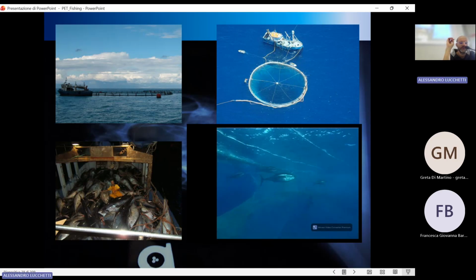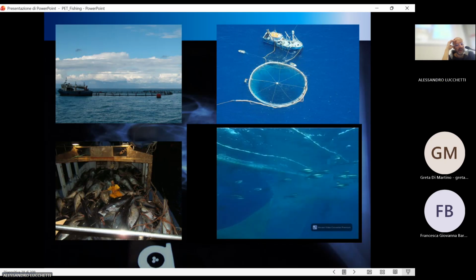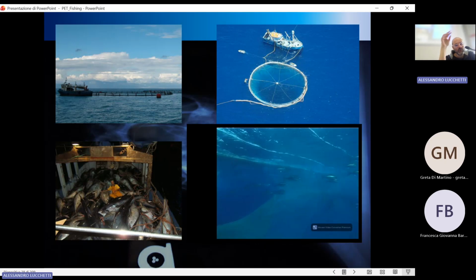ICCAT, which is the International Commission for the Conservation of Atlantic Tunas, defines the total quota for the parties. The European Commission divides this quota among member states, and each single member state divides it again according to vessel, gear, etc.